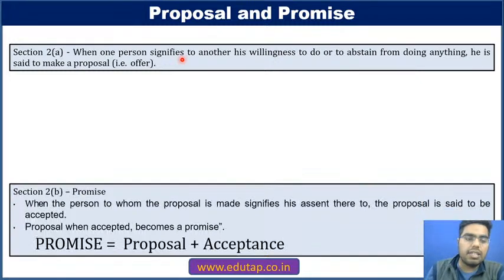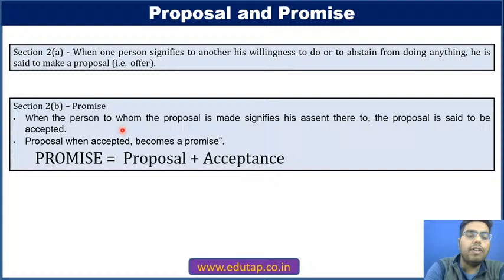The next definition is section 2B, promise. When the person to whom the proposal is made signifies his assent thereto, the proposal is said to be accepted. A proposal when accepted becomes a promise. So a promise is when I'm making a proposal and the person to whom the proposal is made accepts it. Clear? I'll give you an example.